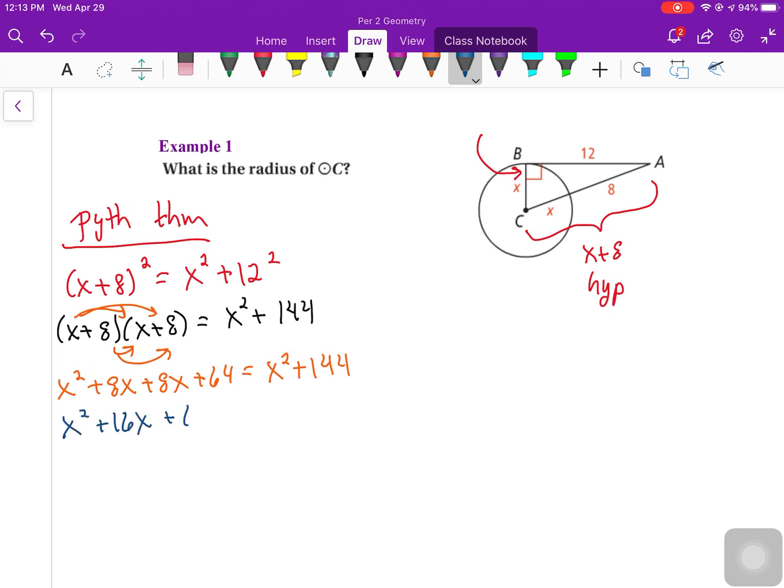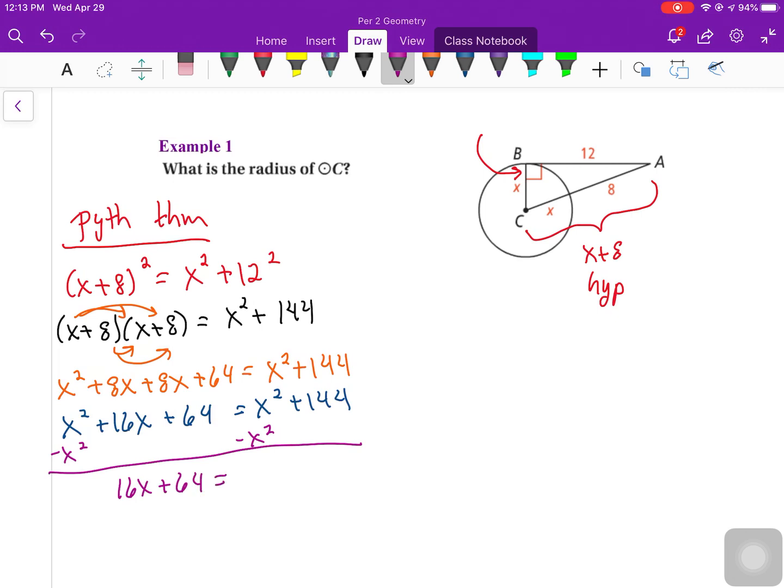Collecting the like terms, we would have x squared plus 16x plus 64 equals x squared plus 144. Now to solve that one, I can subtract an x squared on both sides.